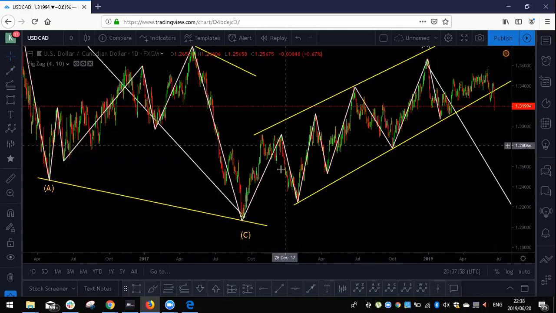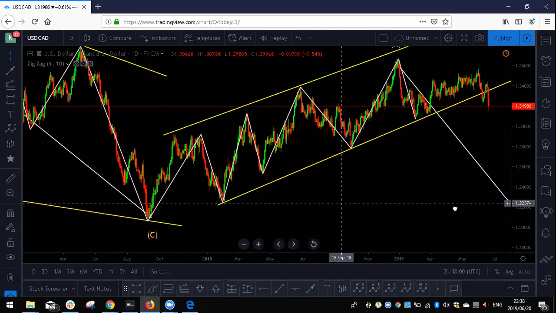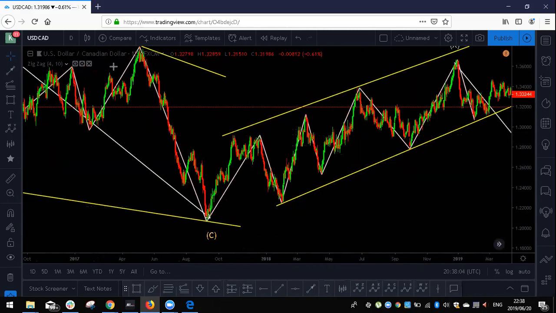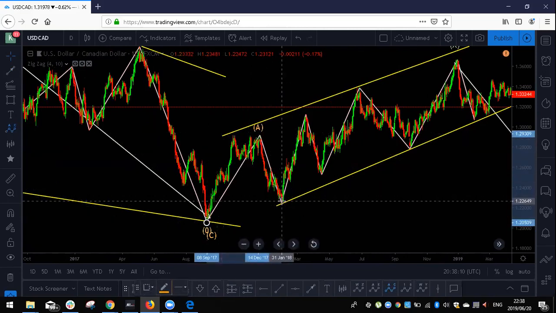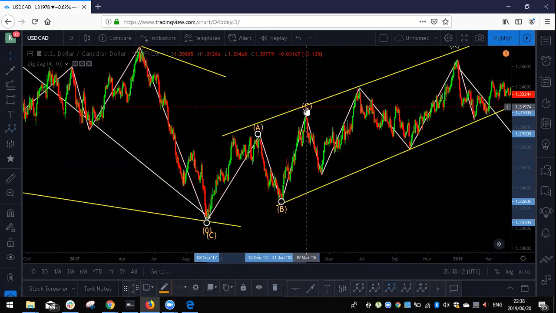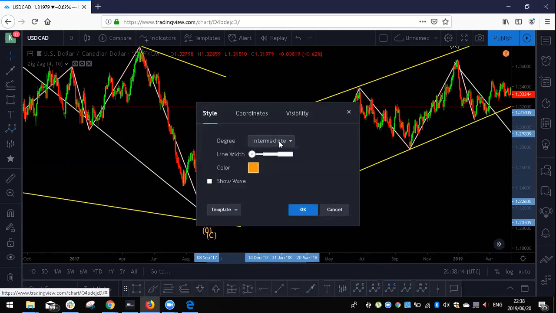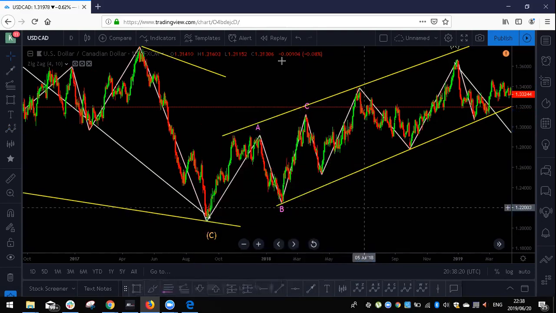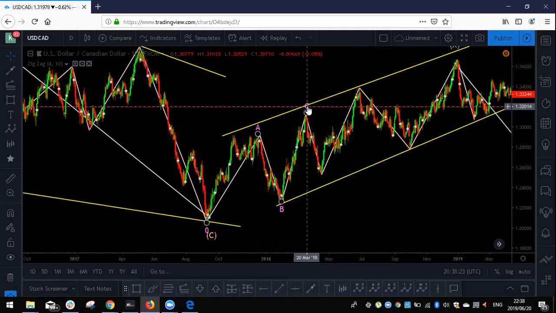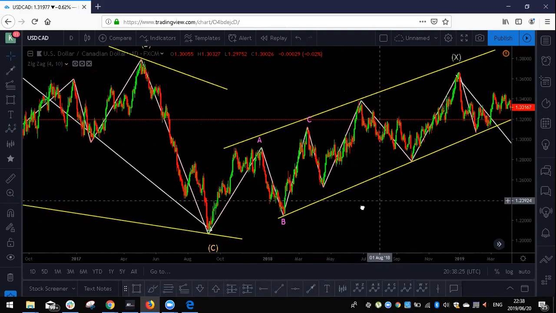Now it's showing me it's going even deeper in the structure. So you can do this A, B, C like this, unless the price is showing a triangle. You're always going to pull your ABC, and it's ending there.